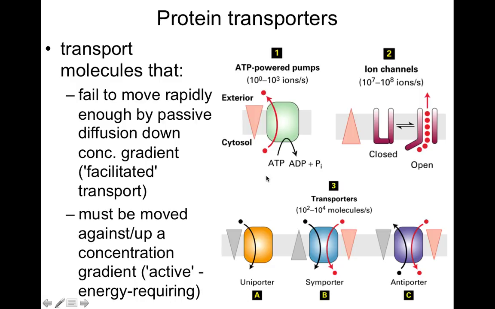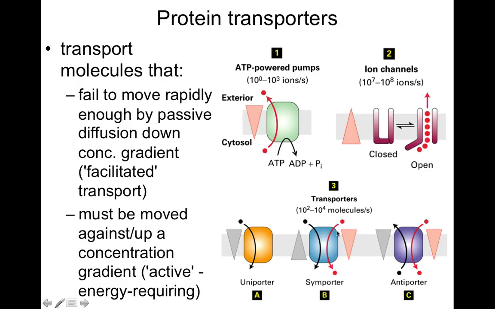And then other times you'll have symporters, which is where two molecules will go through the same protein channel, but one of them is going against the concentration gradient. So one molecule could be going from an area of low concentration to an area of high concentration, and in that case it will require help, and it gets that help from the other molecule that is also going through that same protein channel.